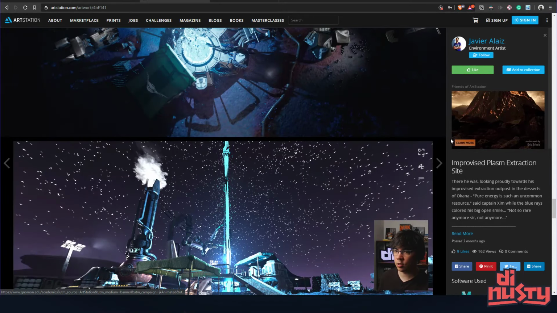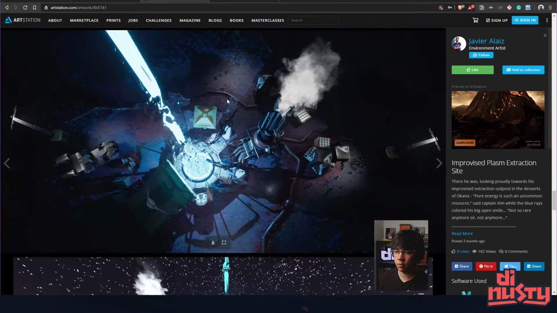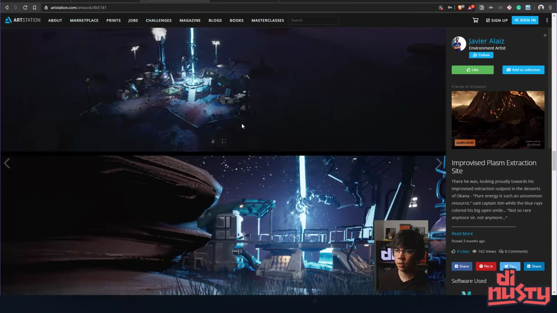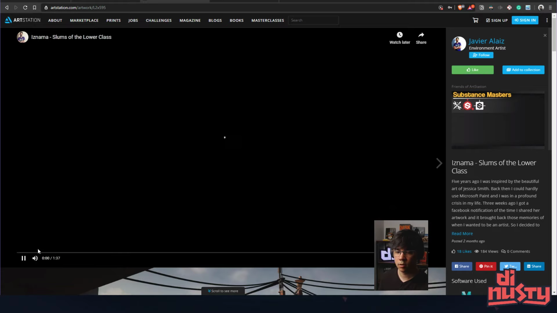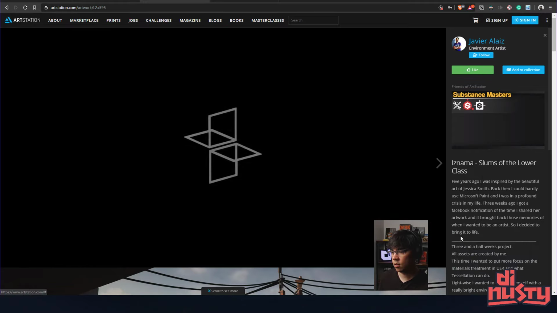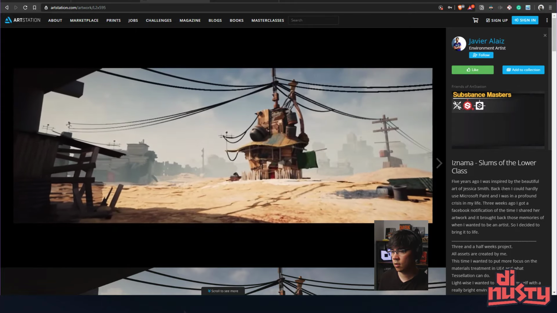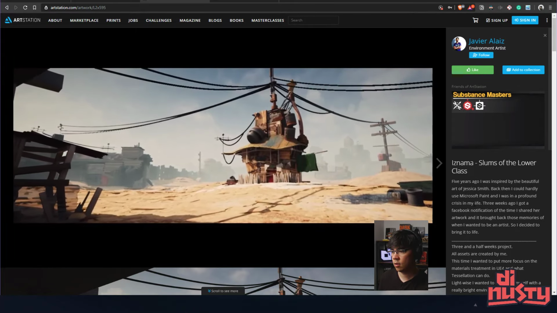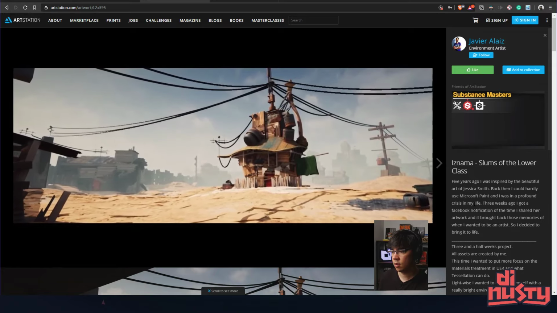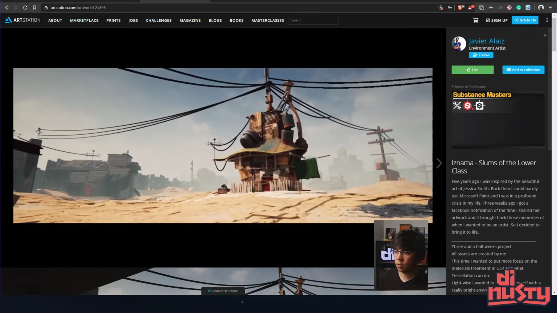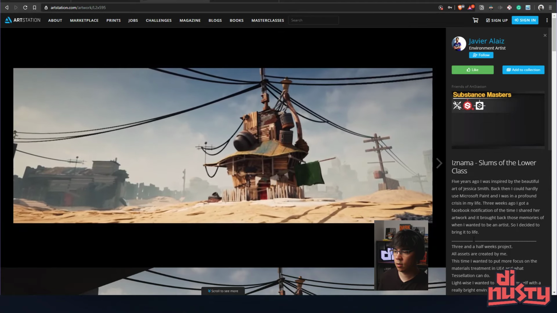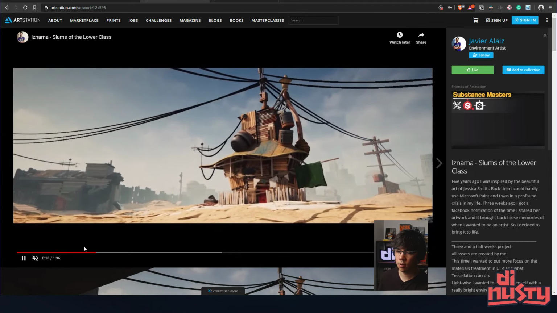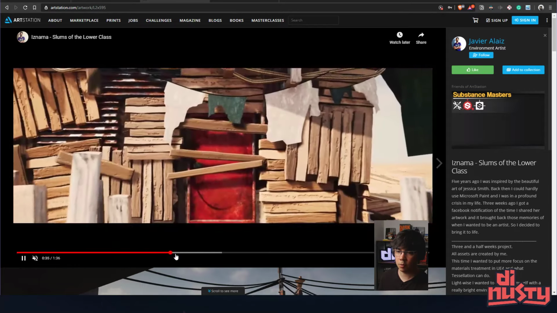This is stronger though. This is the strongest one I've seen so far. This angle is cool. All right, last one. This is pretty strong.